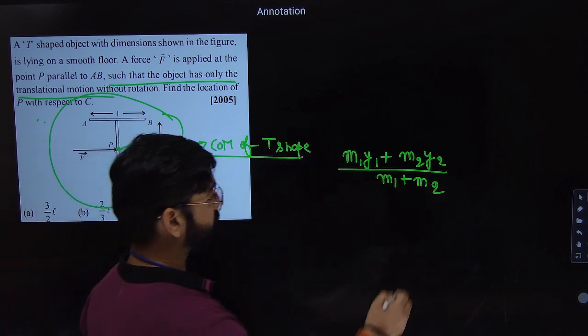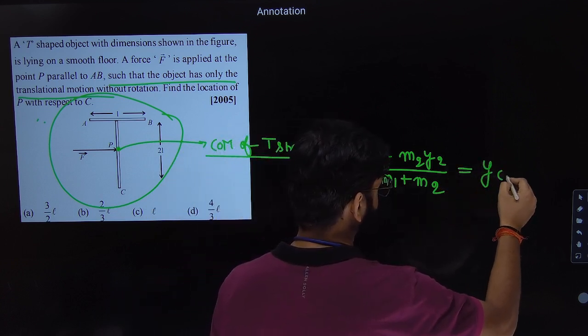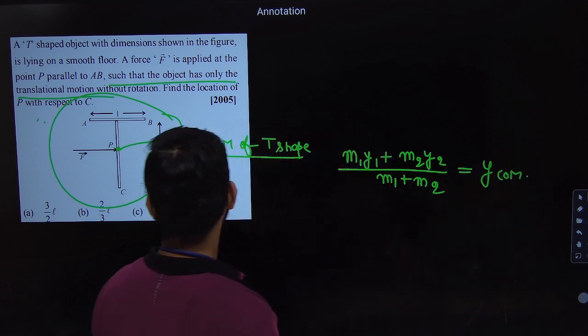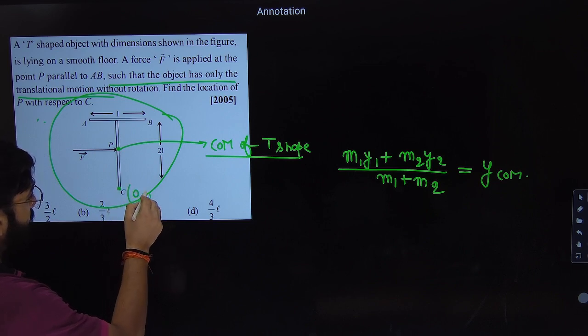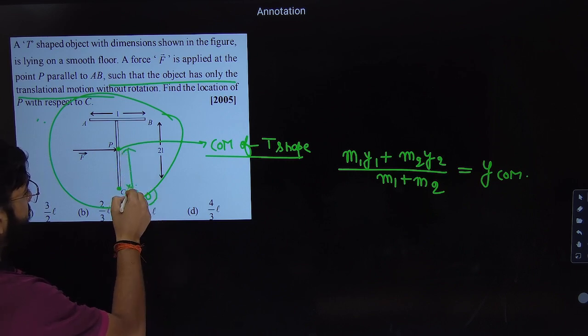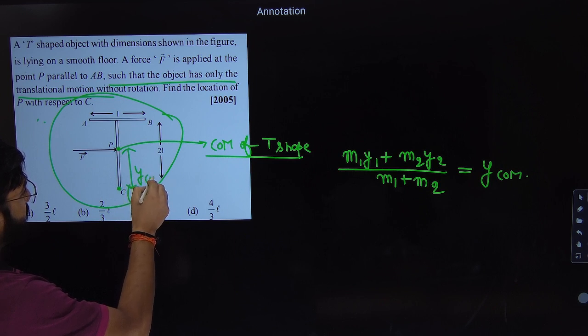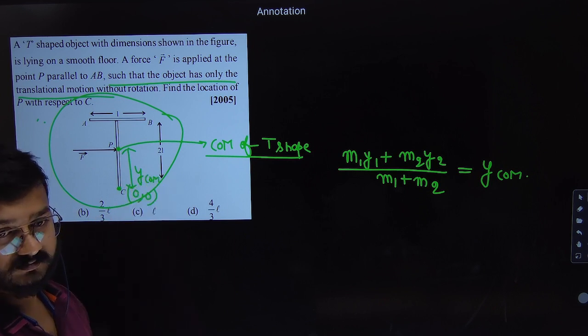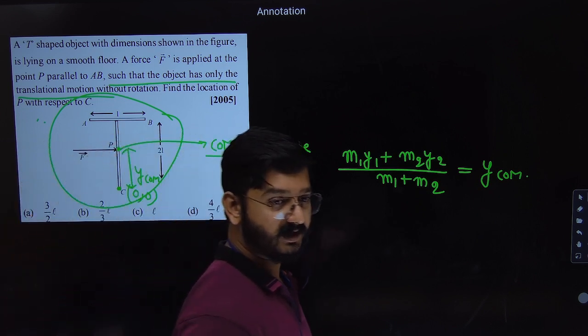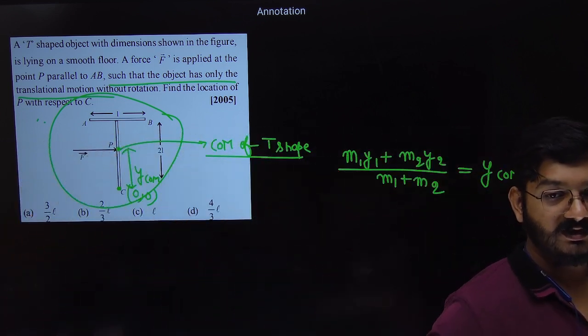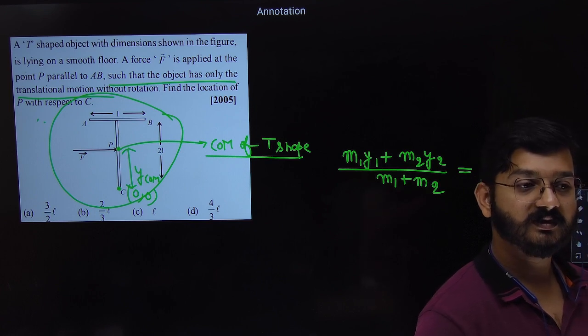Y. So, I am taking this point as 0, 0. I need to find YCOM. I think in the last question also I told that if they don't mention a particular point and you want to take all the distances from there, assume it to be the origin.